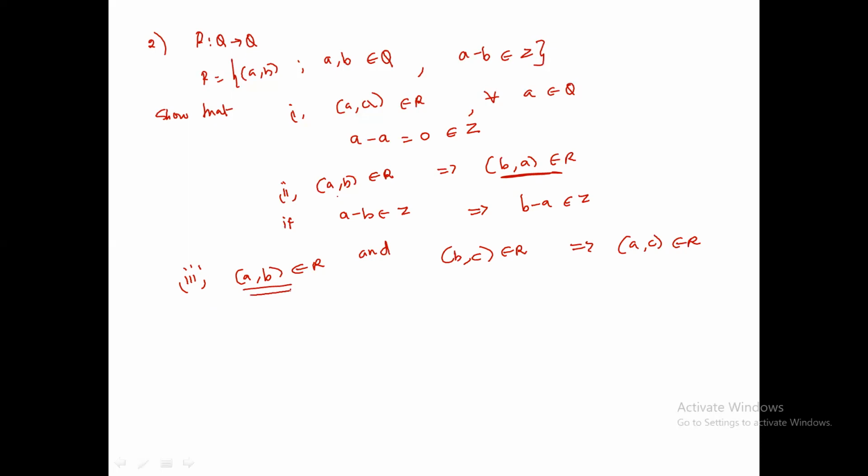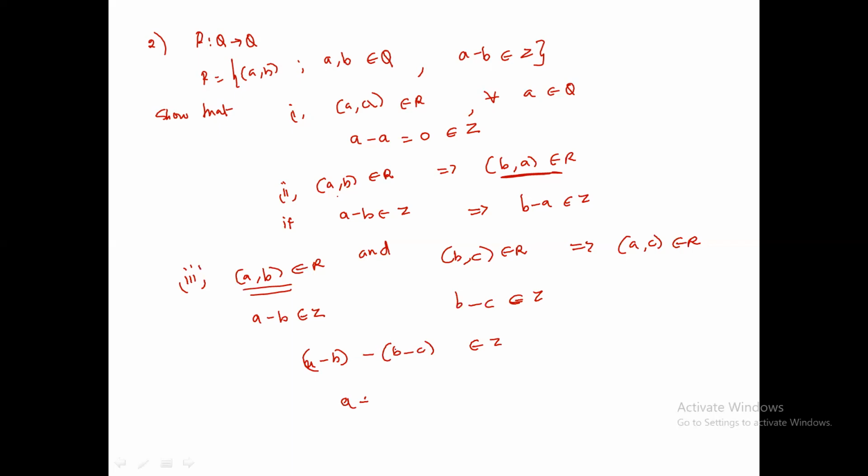Because a minus b belongs to R, that means a minus b is an integer. b minus c is also an integer. So a minus b plus b minus c also will be an integer.